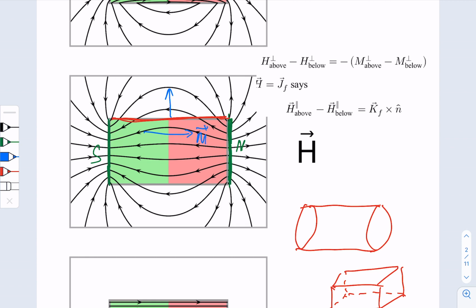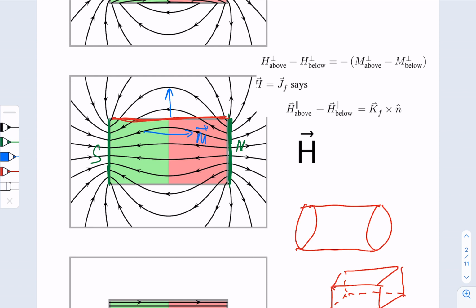So the m vector is perpendicular to the surface direction. So this m perpendicular is 0. Is that clear? Any other questions?